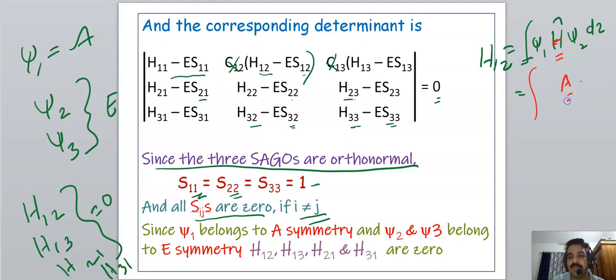Therefore, it is A. And psi 1 is also equal to A, but psi 2 and psi 3 belong to E symmetry.